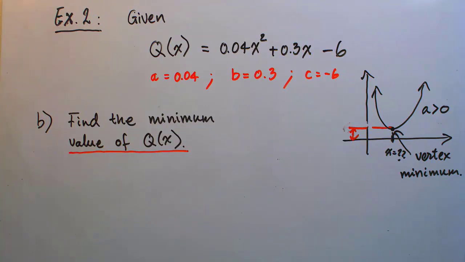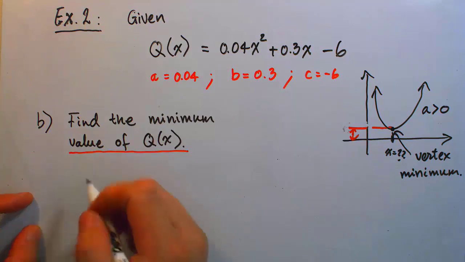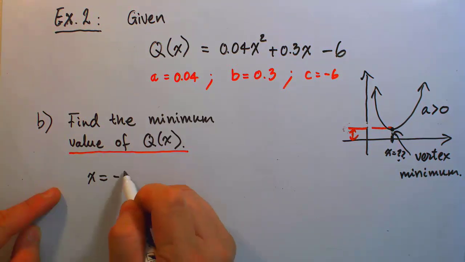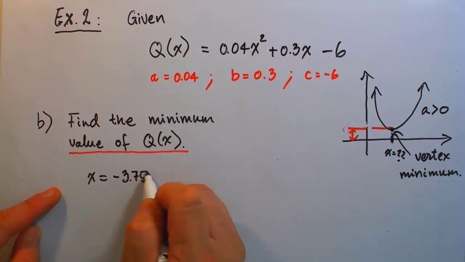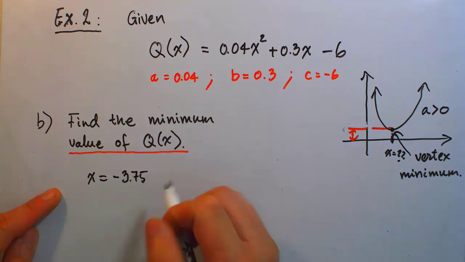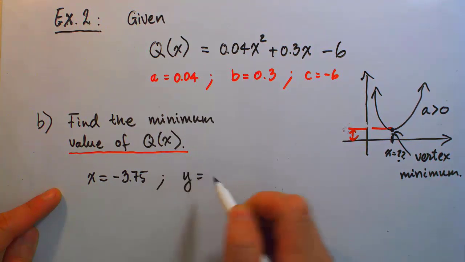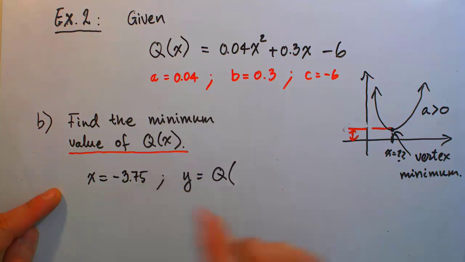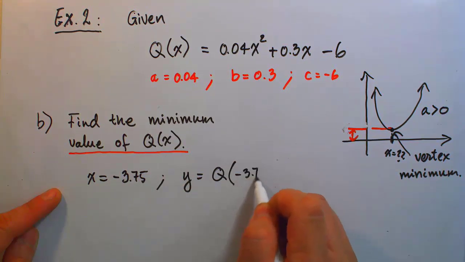After we already found the x value from question A previously, x was found to be negative 3.75, and remind yourself that this is where your minimum height was reached. So now to find the y value, q in parentheses, we substitute negative 3.75 into the function.